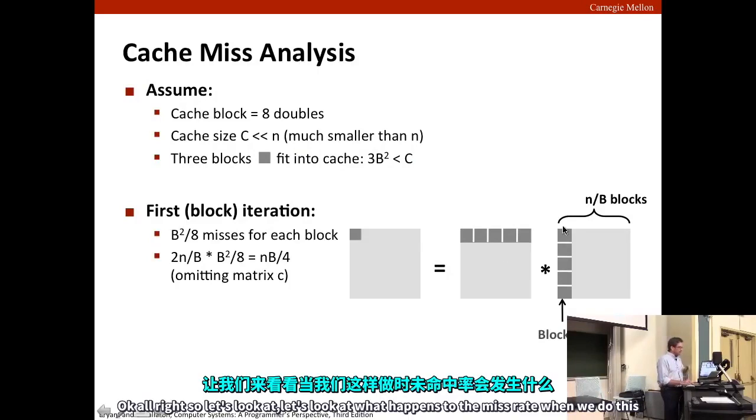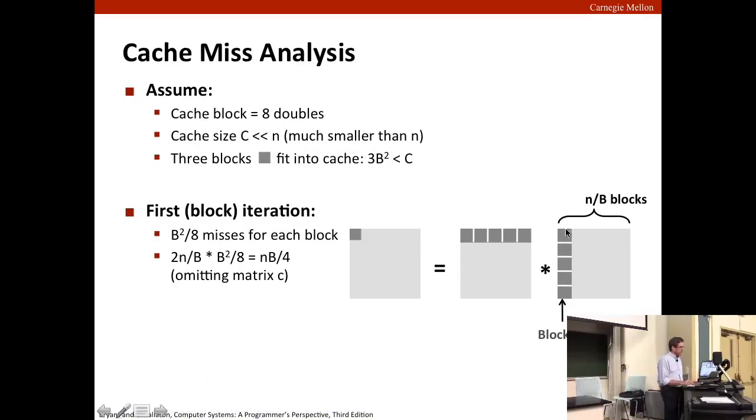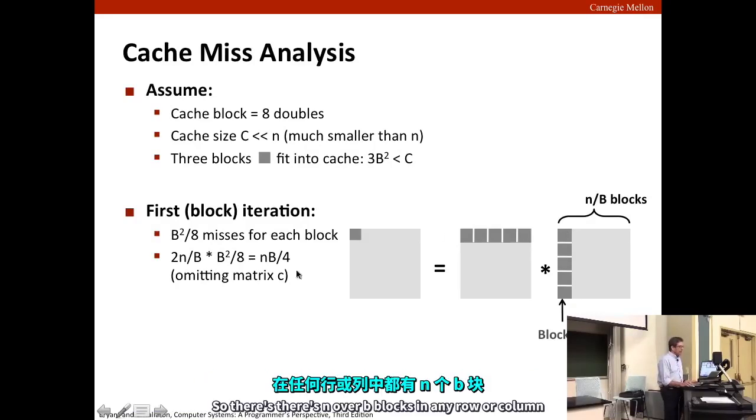All right, so let's look at what happens to the miss rate when we do this. So there's n over b blocks in any row or column.